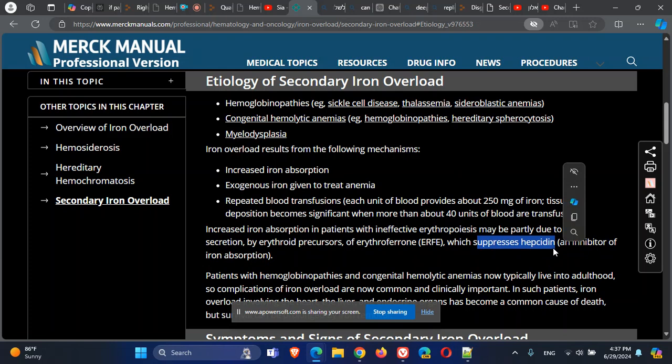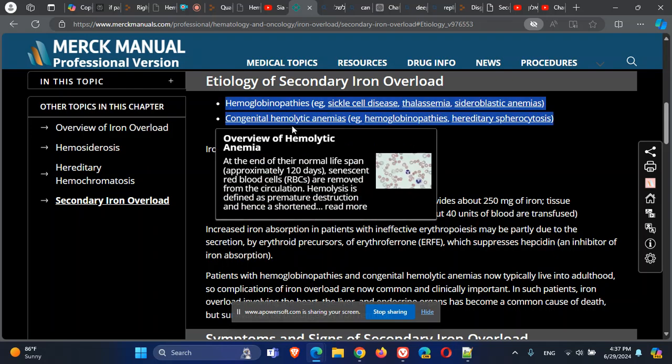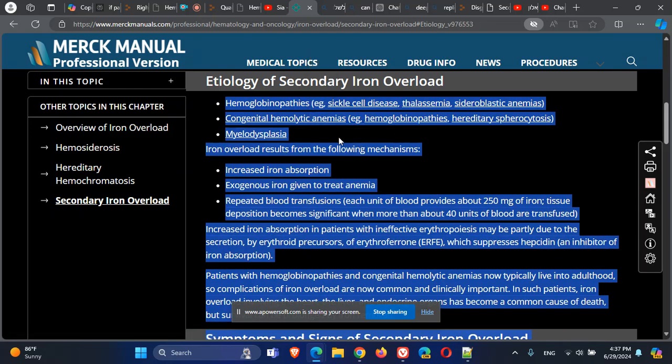When erythroferrone is secreted in large amounts, hepcidin is low, so iron is absorbed. And if there is ineffective erythropoiesis, we will absorb a lot of iron to try to compensate for this. But we will absorb too much. The problem is that we can't create erythrocytes for some reasons, and you can see the reasons here.